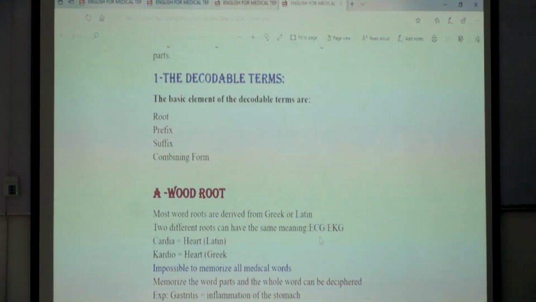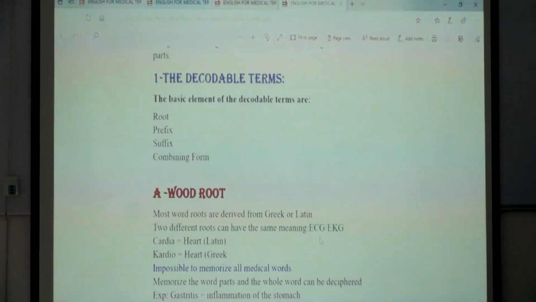Those parts are called prefix, root, suffix, plus the vowel, plus the combining vowel, or the combining form. Then we have a five-part structure in what is called a decodable term. It is clear.